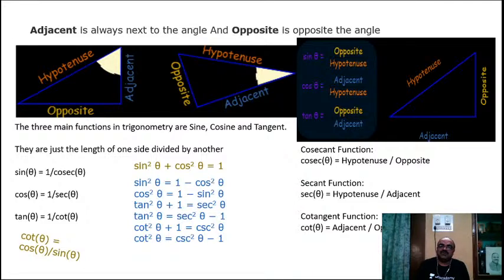Similarly, cos theta is adjacent by hypotenuse, and tan theta is the ratio of opposite by adjacent. These are the 3 major functions of trigonometry.